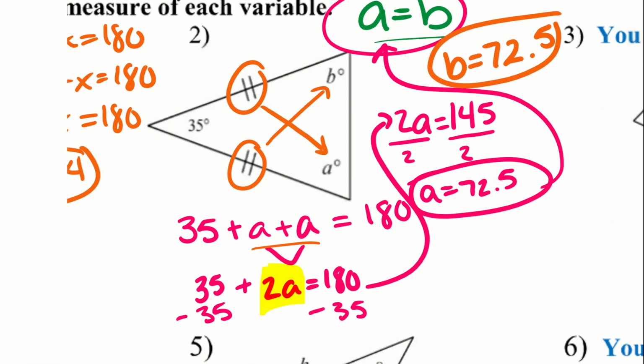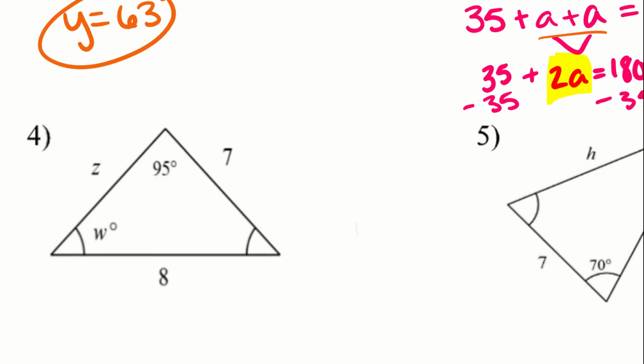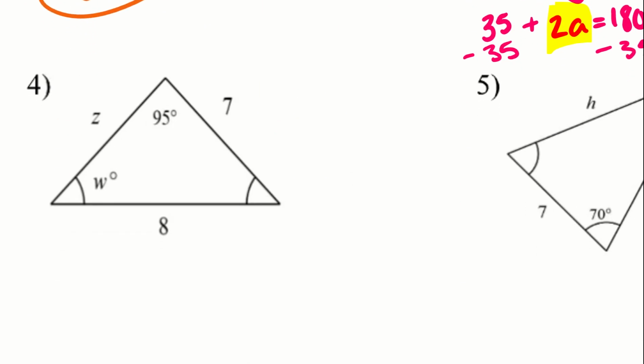Okay, let's go ahead and take a look at number 4. So this time it's talking to us about angles. So these two angles are the same. We're not trying to find a variable for this angle here, but it is important to recognize, well, this also equals W degrees.